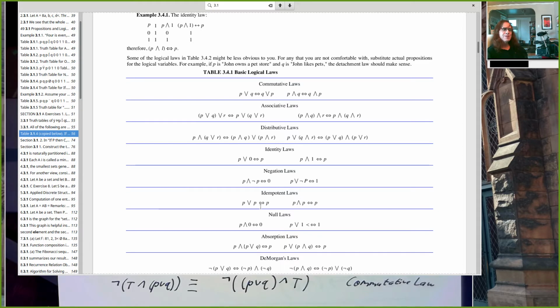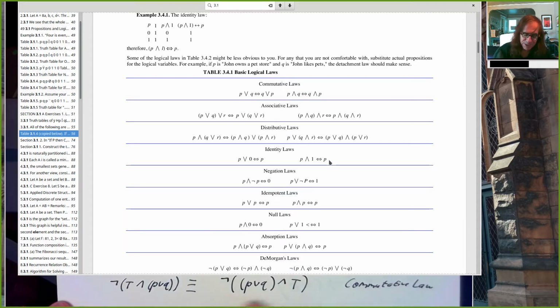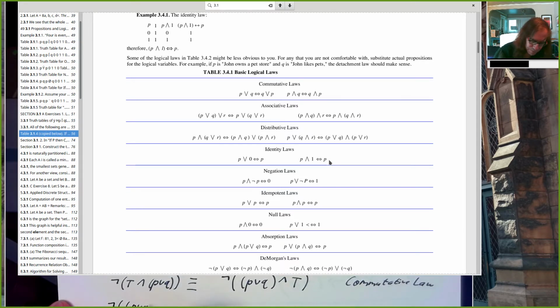In practice, unless we want to spend our lives writing proofs, since the identity says p and true is the same as p, I would let you also say that t and p is also the same as p. But to be absolutely precise about it, which is what we're doing right now, we need to apply commutativity to put it into this form, and then we can do our next step. And say if we take any expression and we AND it with t, we just get that original expression. And that's the identity law.